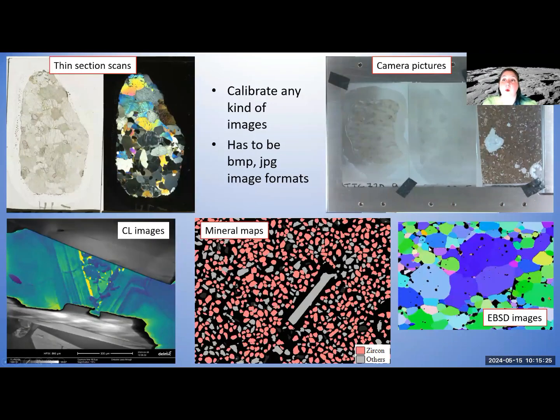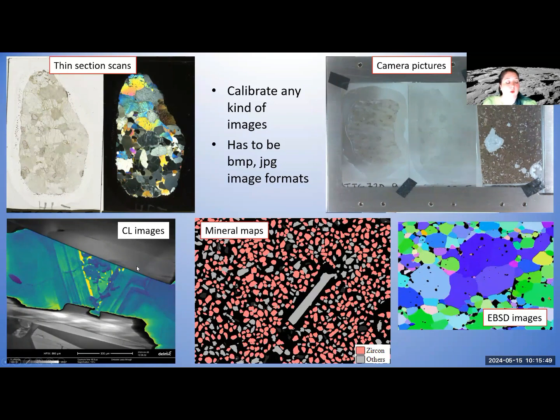And then with all this, you can calibrate these camera pictures, but also any thin section scans, to be used for navigation, or to then add annotations onto it. And as I mentioned, it doesn't really matter what kind of image or map it is that you're using.